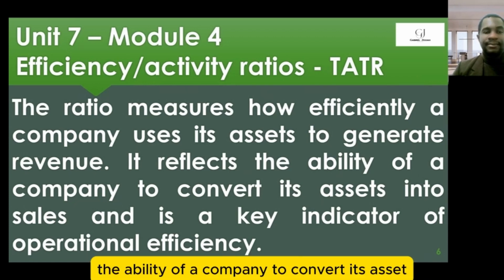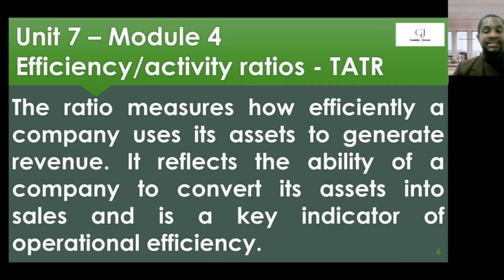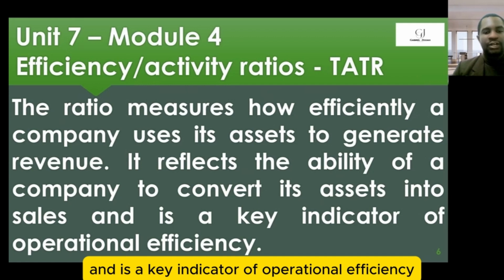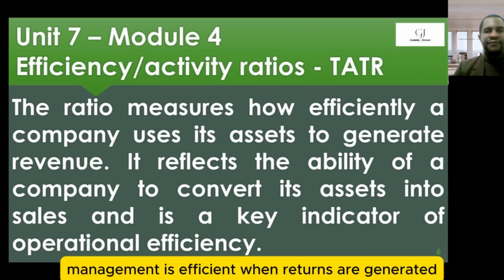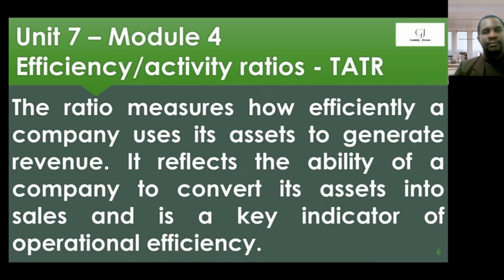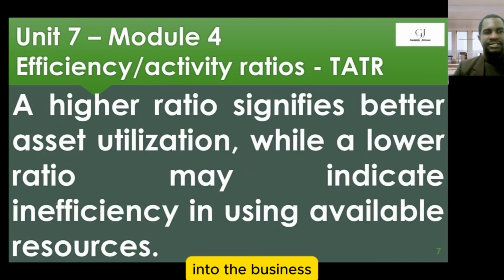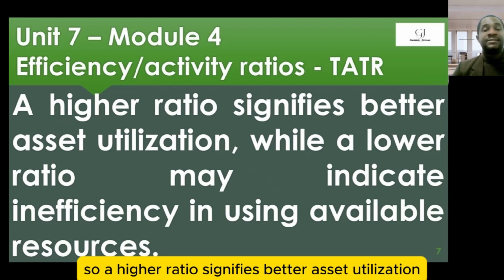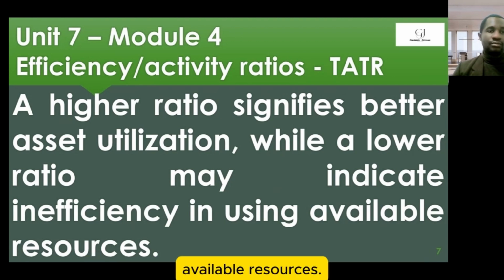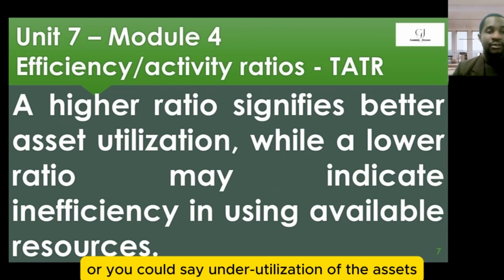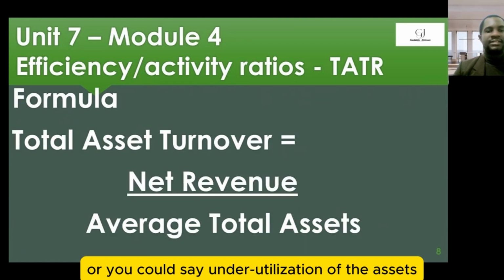It also reflects the ability of a company to convert its assets into sales, and is a key indicator of operational efficiency. This is very important. Management is efficient when returns are generated after assets have been employed in the business. A higher ratio signifies better asset utilization, and a lower one indicates inefficiency in using available resources, or underutilization of the assets.